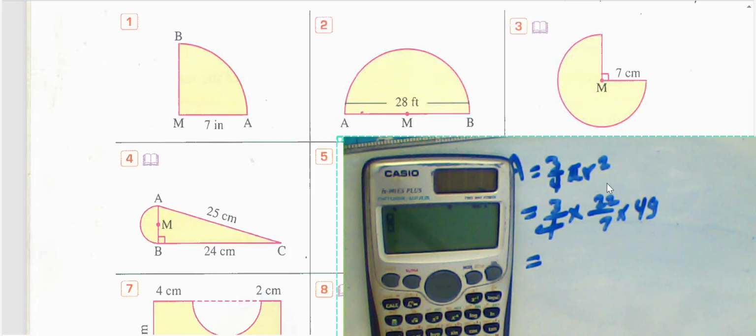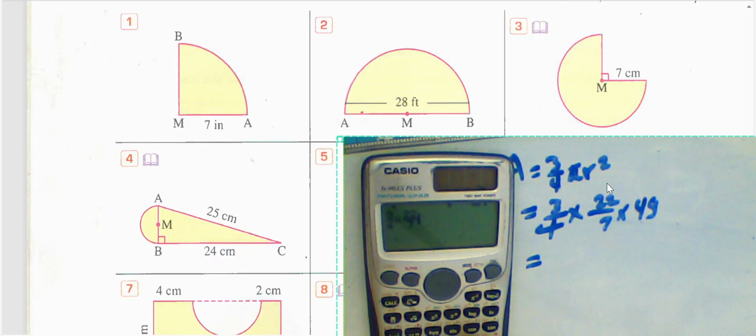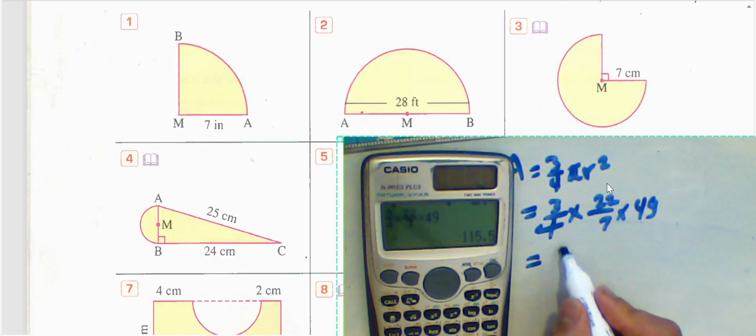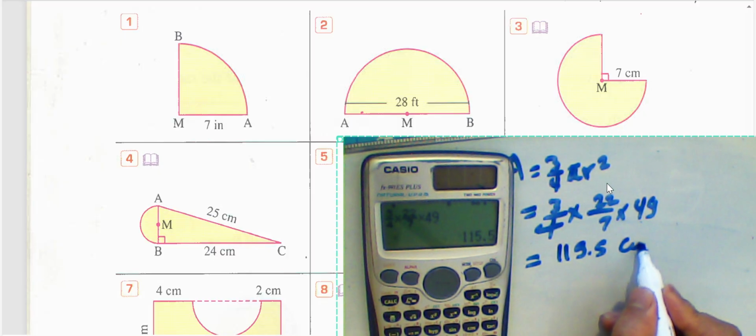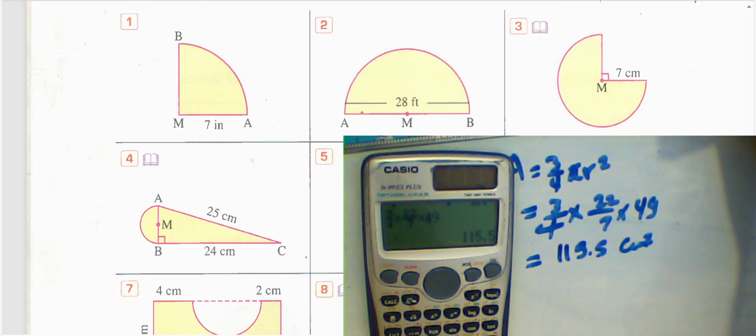The result will be 115.5 square centimeter.